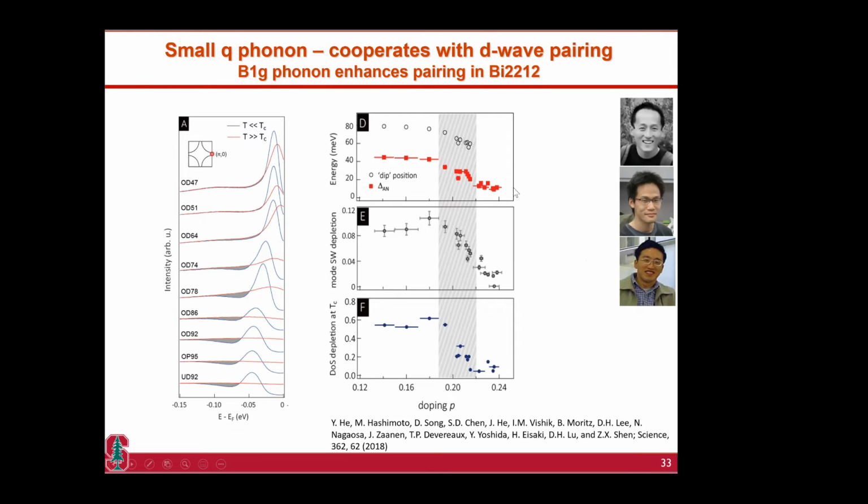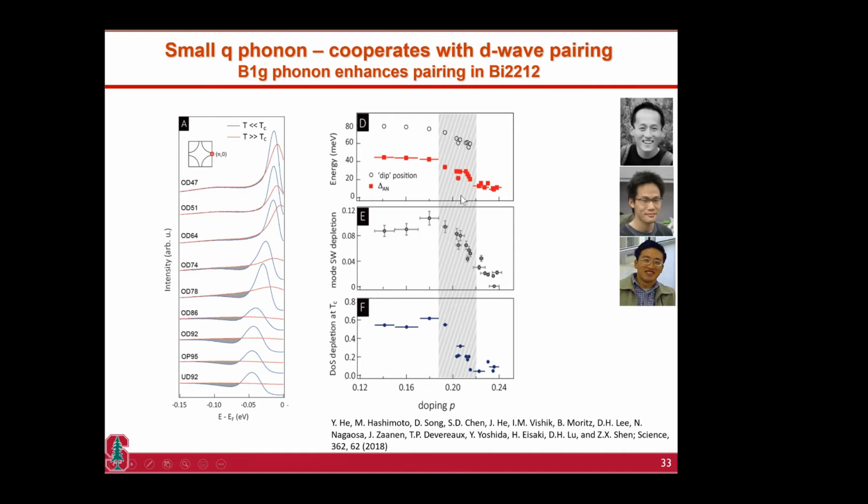As I go from the overdoped region in this very narrow doping range, you can see that the superconducting gap position, as shown in red, goes from about 10 millivolt, which gives you a 2 delta over KTC of 4.3, the sort of value of a weak coupling BCS, to a factor of 4 higher in this narrow doping range.